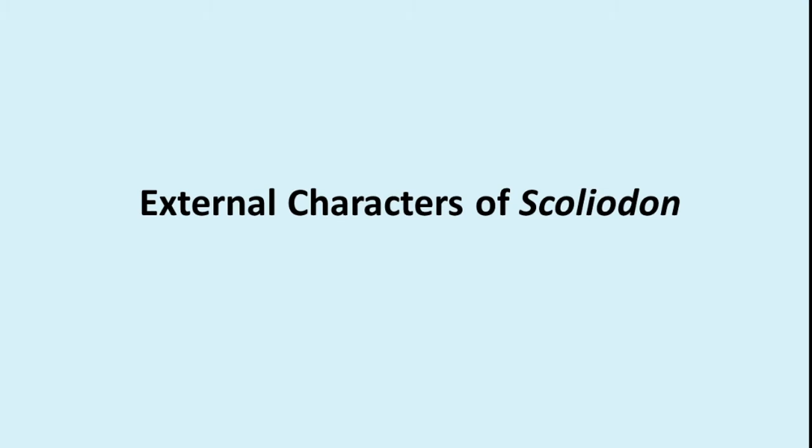In the initial lectures, what we have seen is the systematic position of Scoliodon, its geographical distribution, its habitat, and we had begun with the external characters or general characters of this organism, where we had discussed the shape, size, color and body division. Now in today's lecture we'll study this organism according to its body division. We'll see what all structures are present on each of its body divisions.